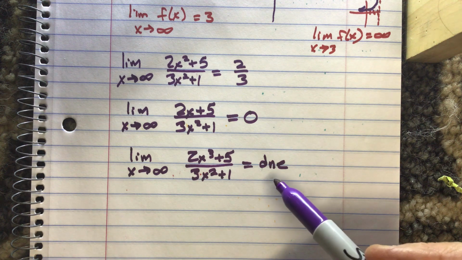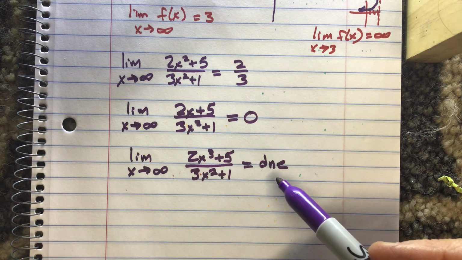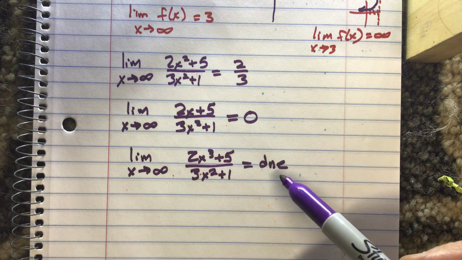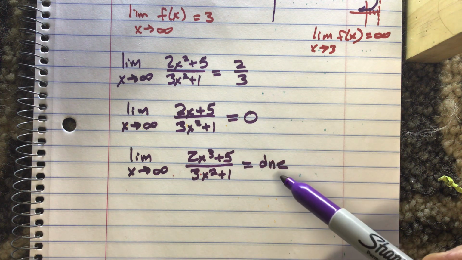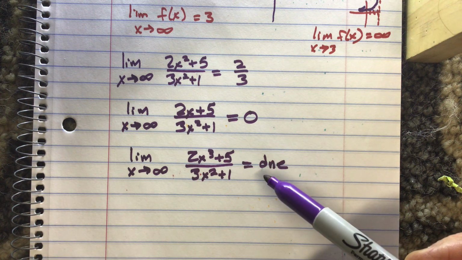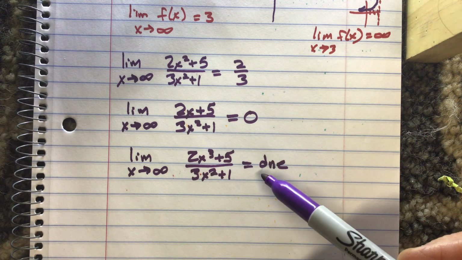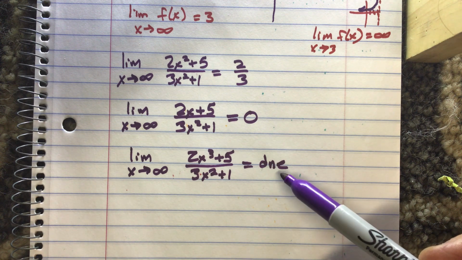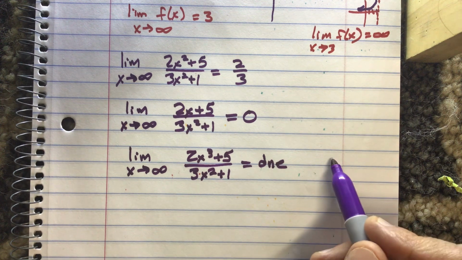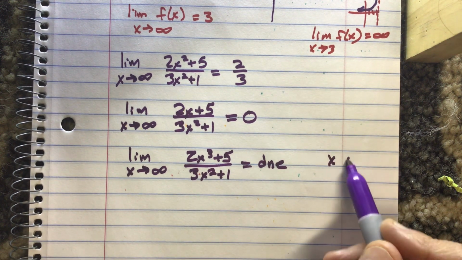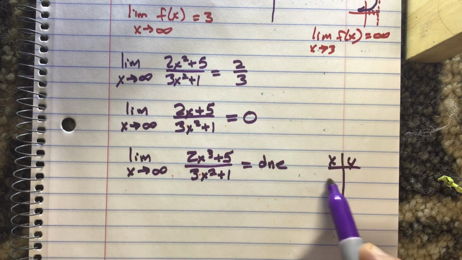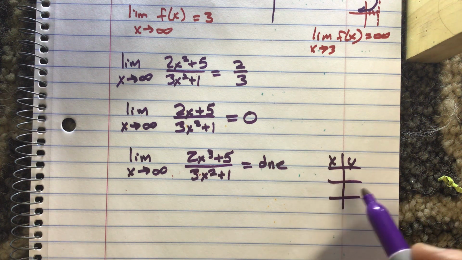You are approaching infinity or negative infinity, and that depends. You'd have to plug in a couple of values. If you want to know whether you're approaching infinity or negative infinity, you just have to plug in some values. Of course, you could use decimals, just plug in any number.